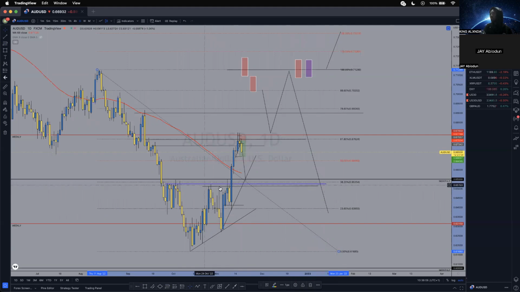So 38.2 is my first point of structure. But if there is no candle closing on 38.2, there is just a spike to 38.2, but the closed volume is on 23.6, then that point is not a point of structure, it is a point of resistance.